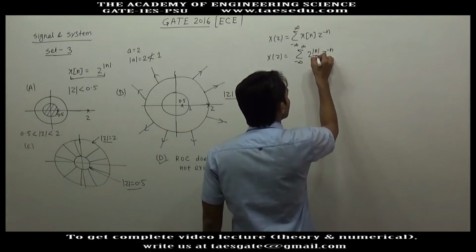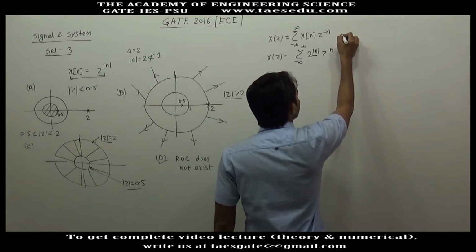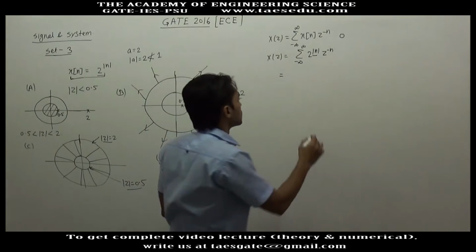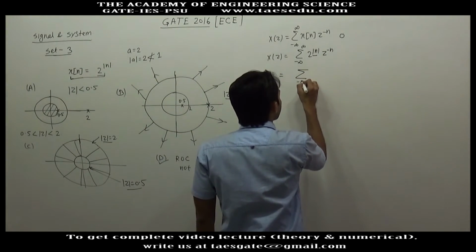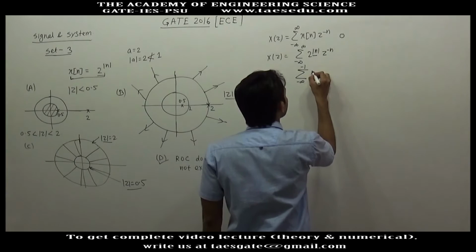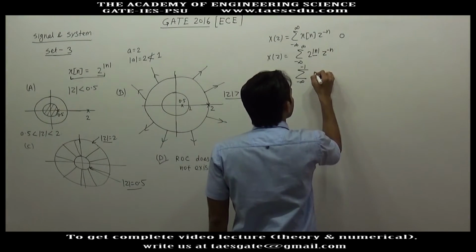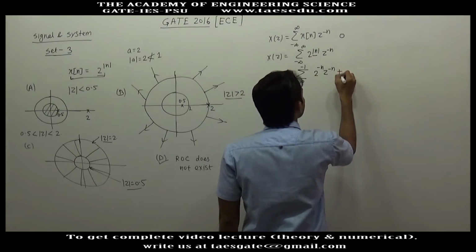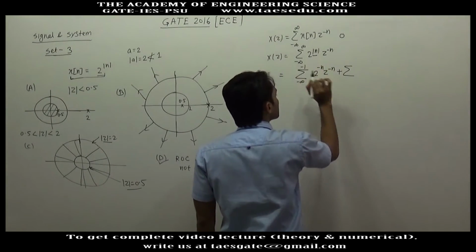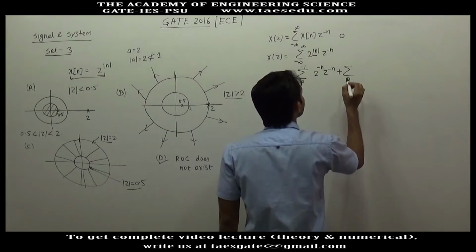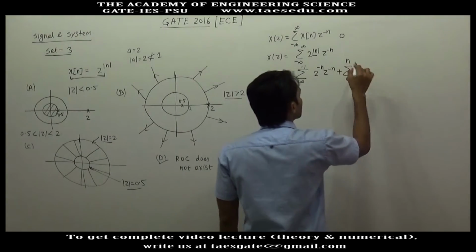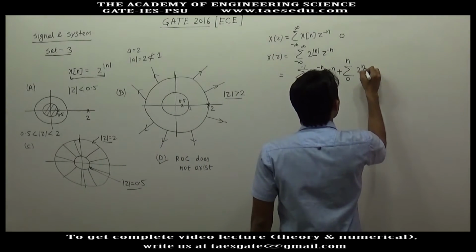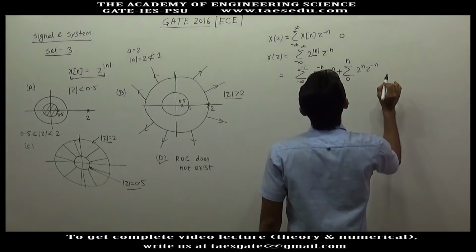Mod n has two values and the boundary is at 0, so let us break this summation at n equal to 0. The first part is from minus infinity to minus 1, and when n is negative, mod n is minus n. Next we start from 0 to infinity, where n is positive, so mod n will be equal to n: 2 to the power n times z to the power minus n.